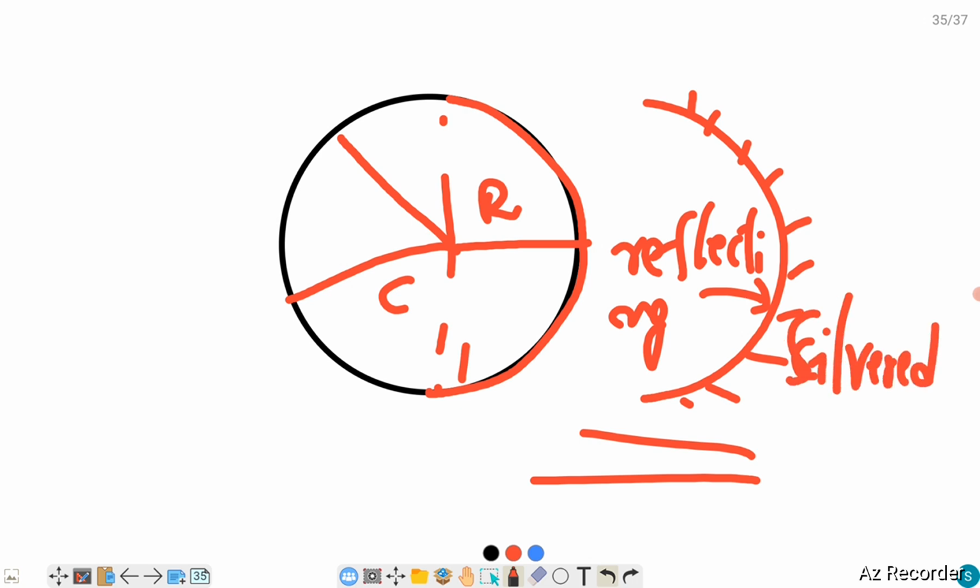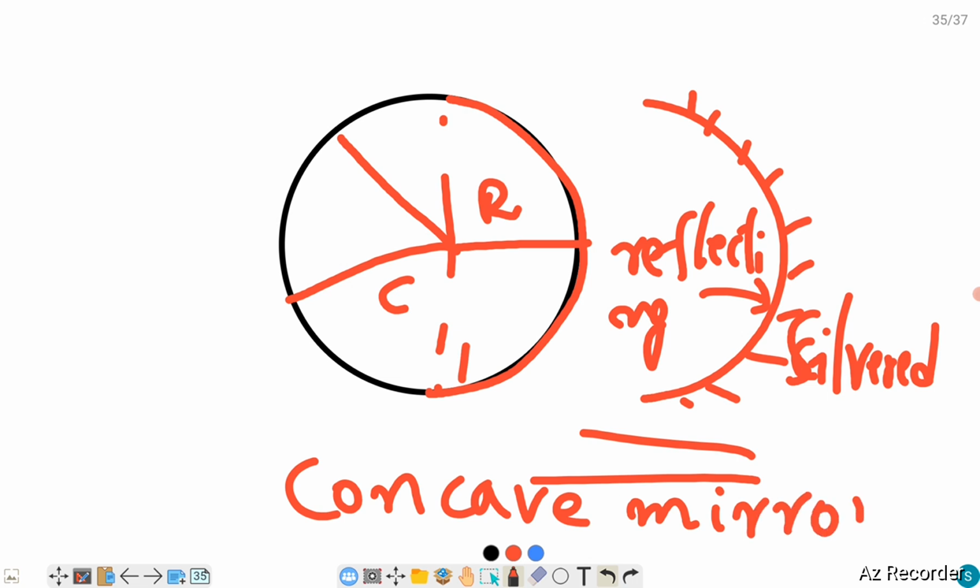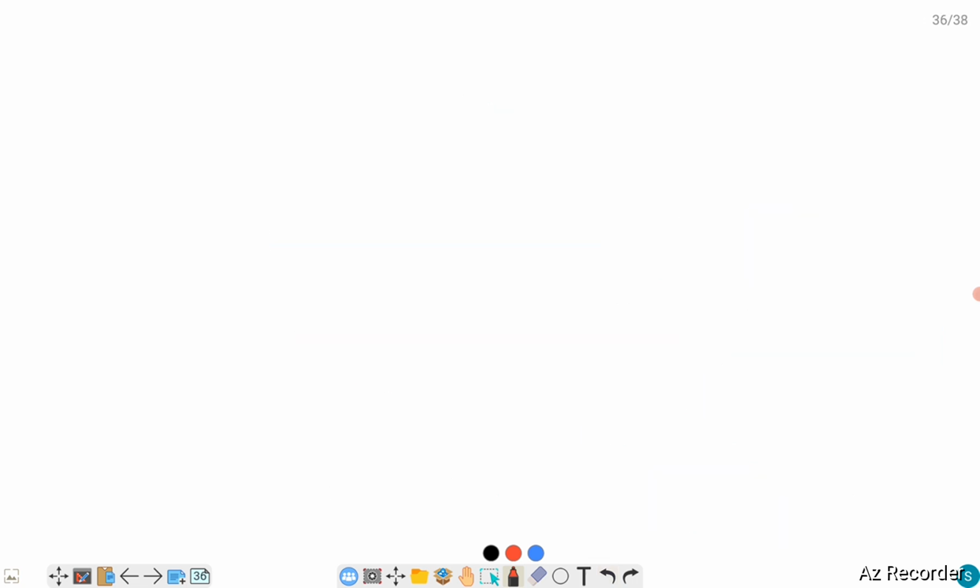Then this mirror which has the reflecting surface curved inwards, we call this mirror a concave mirror. Understood? And in the same way, I just take this side as well. Okay, the other half part.